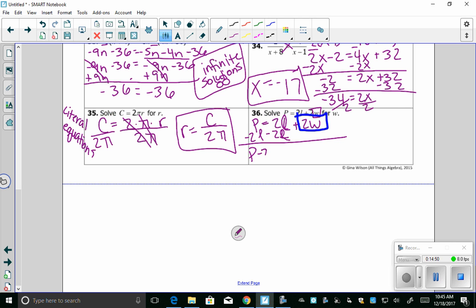So I'm going to have p minus 2l equals 2w. So once you subtract the 2l from both sides, I now have to divide by 2. So that my final answer is going to be p minus 2l divided by 2 equals w.